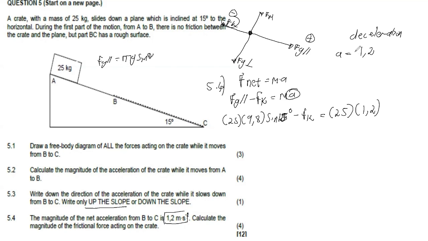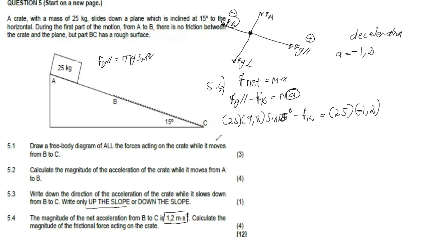We must indicate it as a negative, right? So that means we have negative 1.2, because this acceleration is now acting in the opposite direction of motion. It is causing the crate to slow down. Because the acceleration is in the negative direction, we need to indicate it as a negative here. Remember, deceleration is negative acceleration.